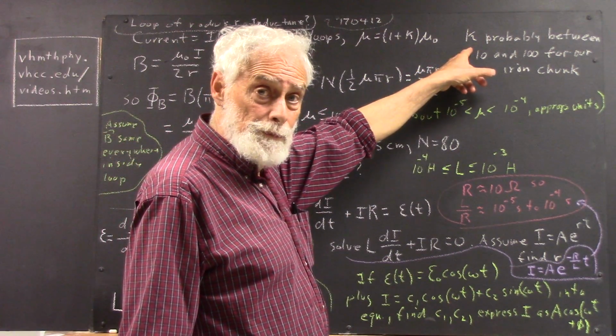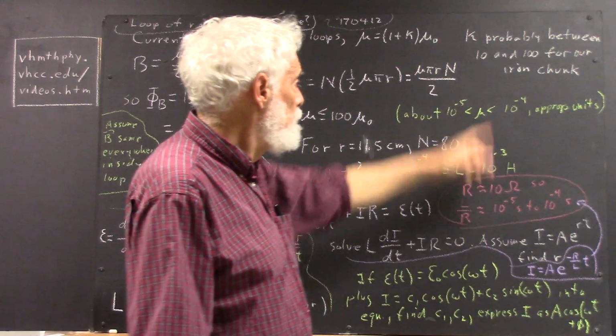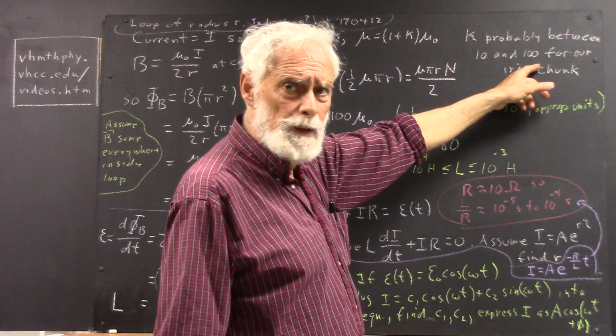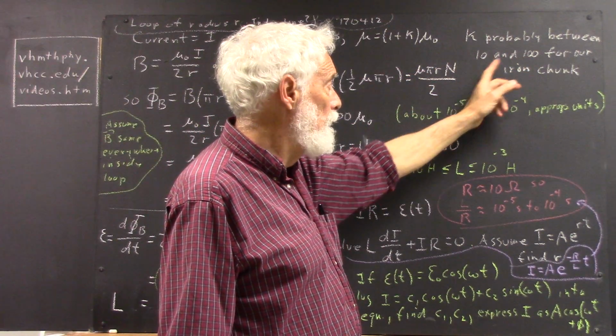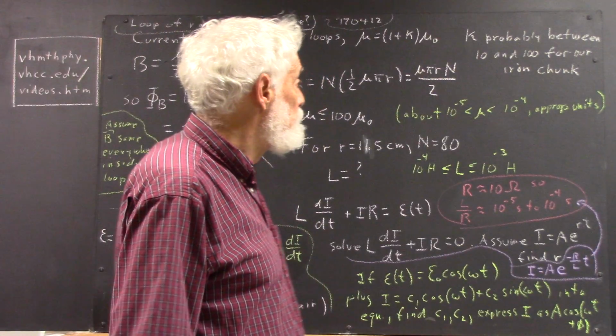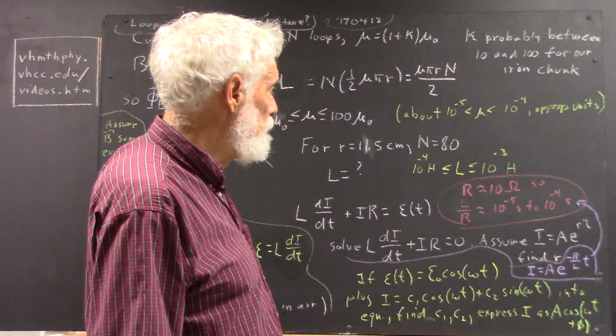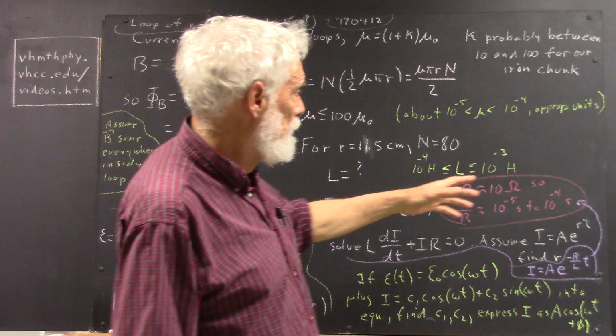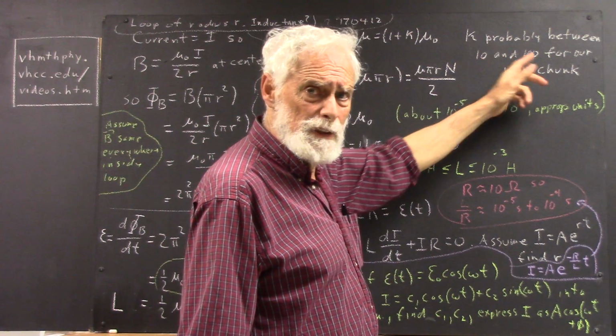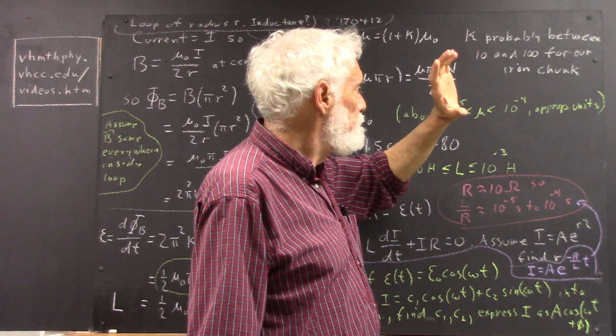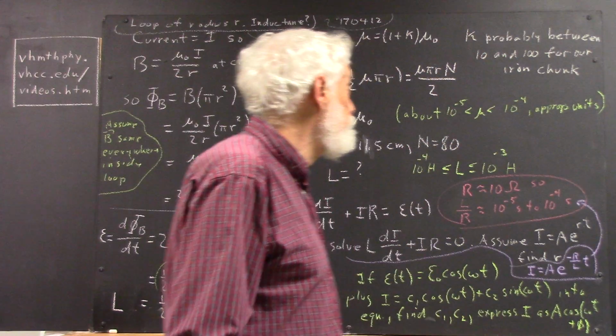But probably typical values of kappa for iron are between 10 and 100. Usually it's more than 10, usually it's less than 100. And I'm doing this out of memory. I think 80 is about the highest I've seen, and that might be for something else. But I know it's a two-digit number.